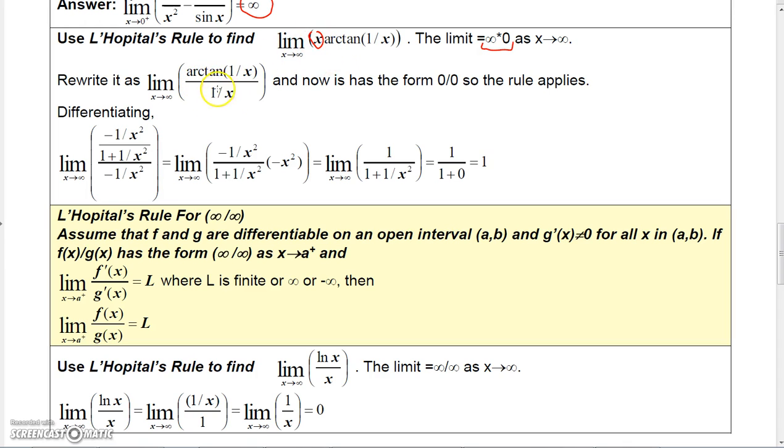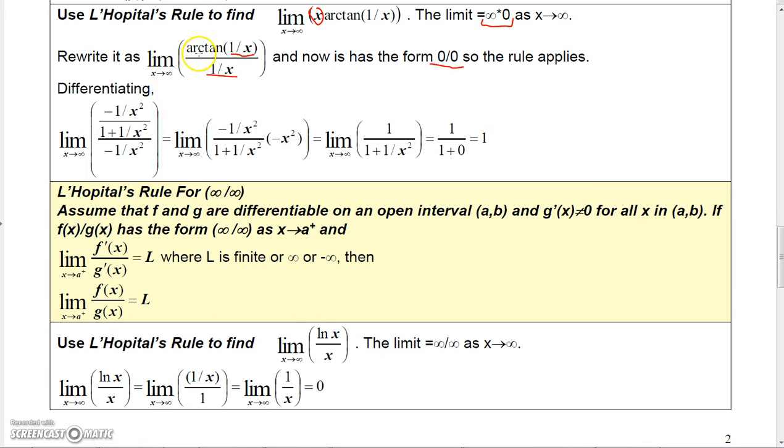It's still the same thing, because if you divide the arctan by 1 over x, it's the same as multiplying the arctan by x. But what happens is, by letting x go to infinity, this becomes arctan of 0, which is 0, and then 1 over x goes to 0. So I get the form 0 over 0, and now the rule applies.